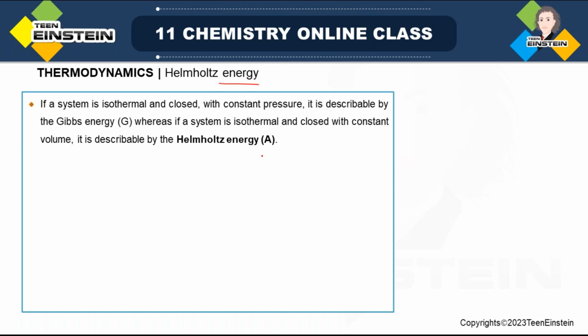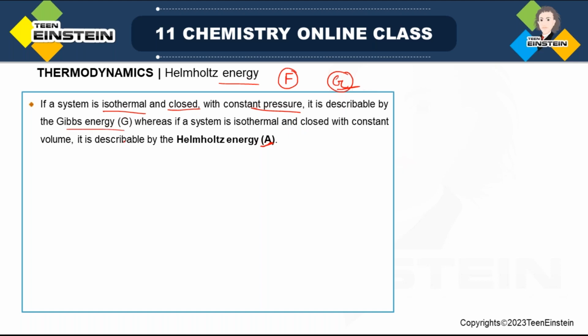So Helmholtz energy, in some books you can find that it is expressed by the letter F, but in this case we will use the capital letter A. Now Gibbs free energy is denoted by capital G, that we have already seen in detail. We apply Gibbs free energy when the system is isothermal and closed with constant pressure.